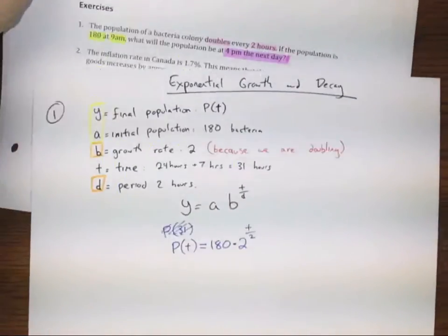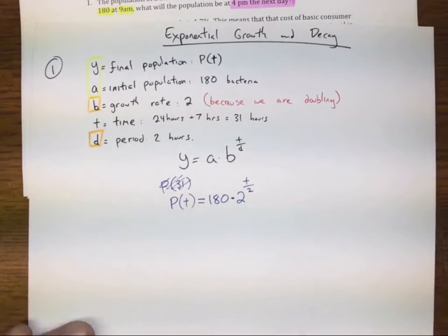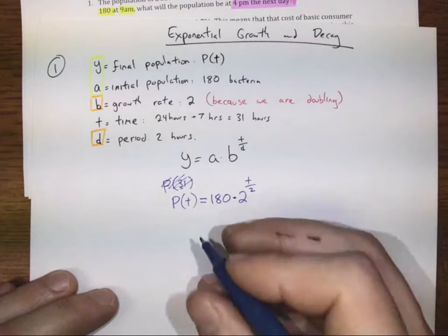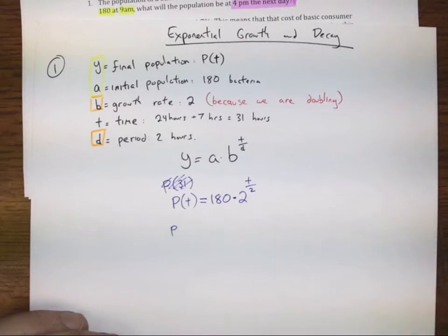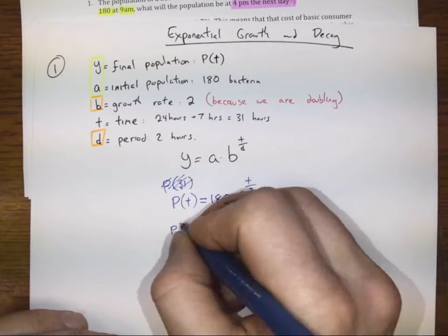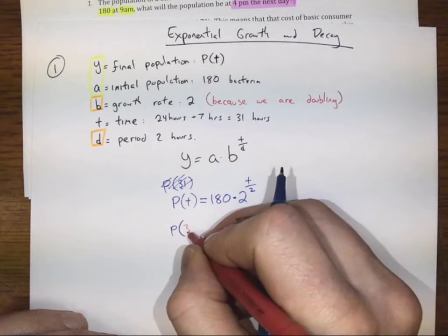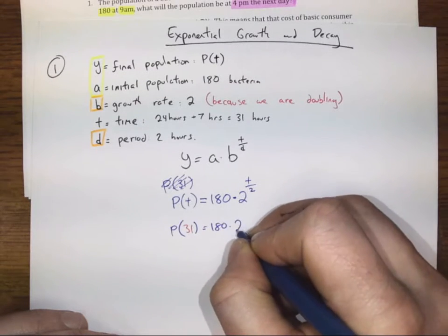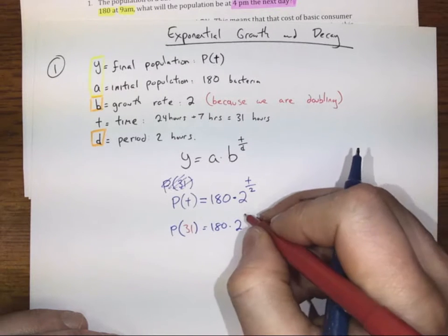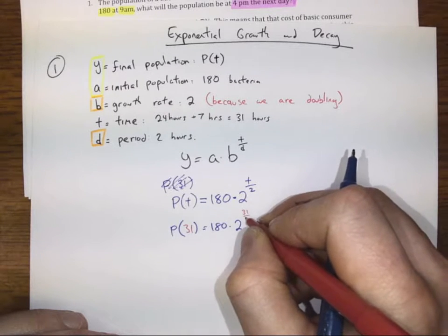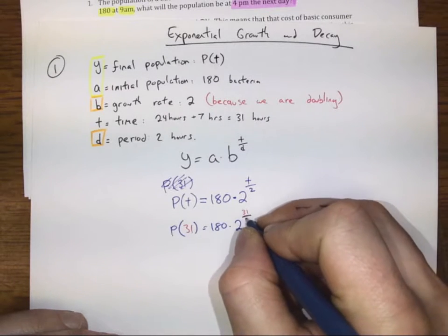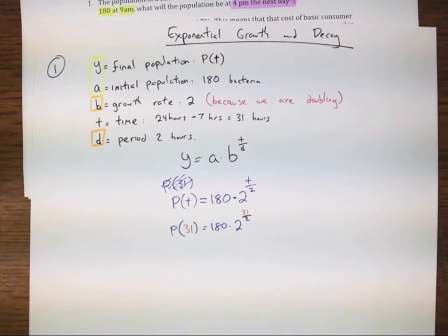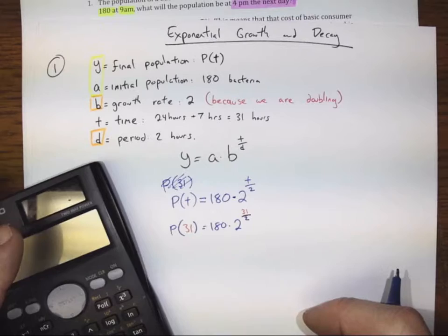Great. But in this specific case, we want P of 31 hours. So it's equal to 180 times 2 to the power of 31 divided by 2.